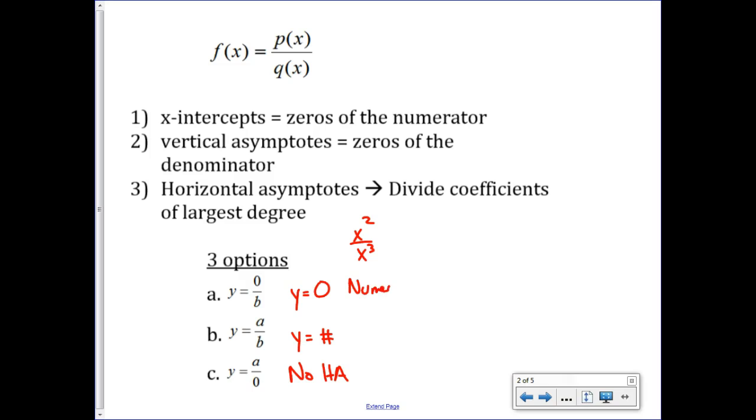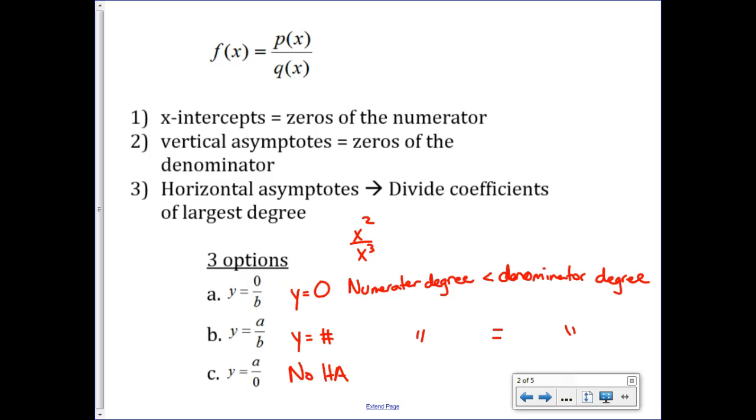Numerator degree is less than denominator degree. The second one is where they're the same. So same thing here, they're equal.